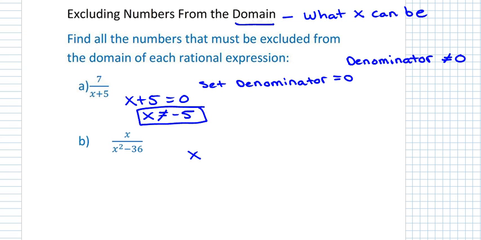For the next one, if I do x squared minus 36 equals 0, then I go x squared equals 36, and when I take the square root, remember it's plus or minus. So there's two answers. X cannot equal positive 6 and x cannot equal negative 6. Both those numbers, if I put them into the denominator, would make it equal to 0.